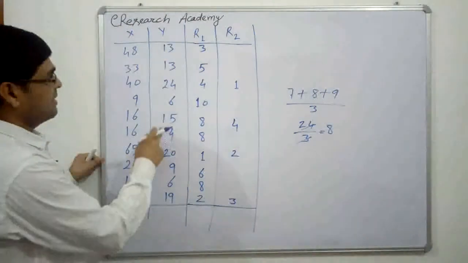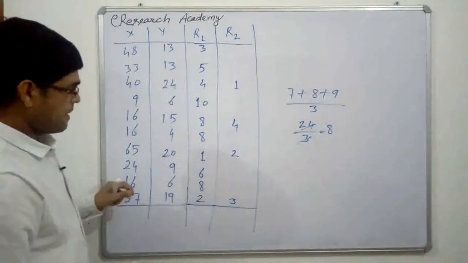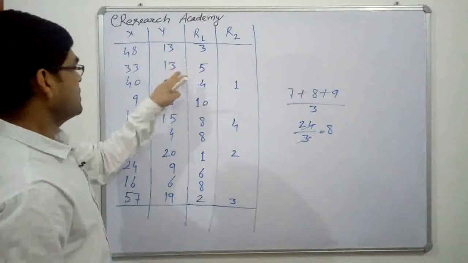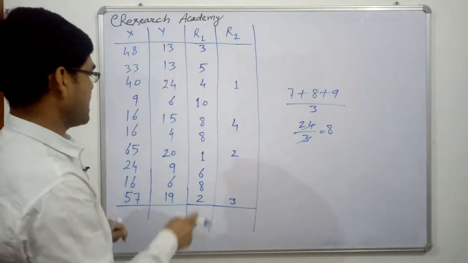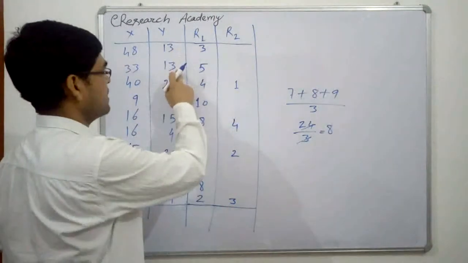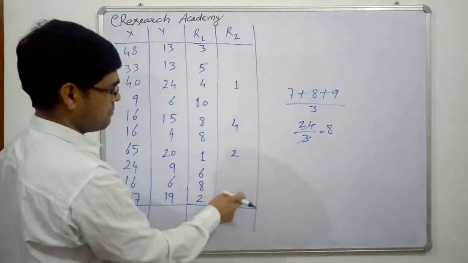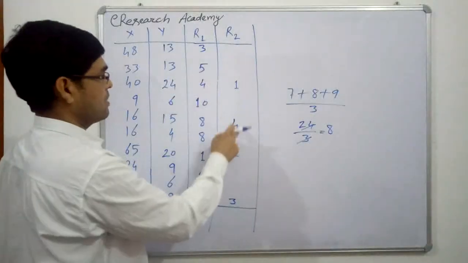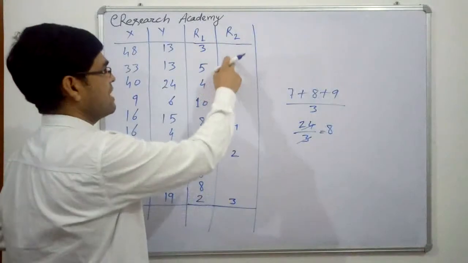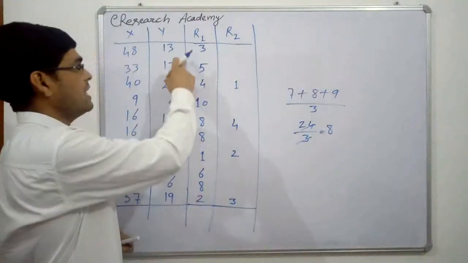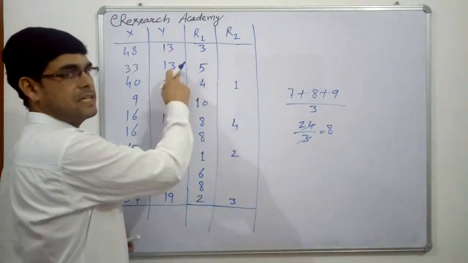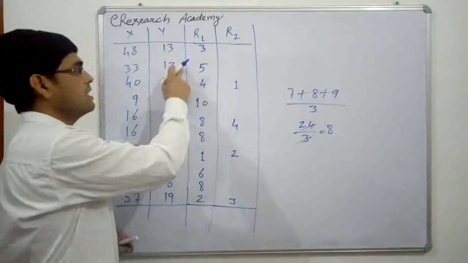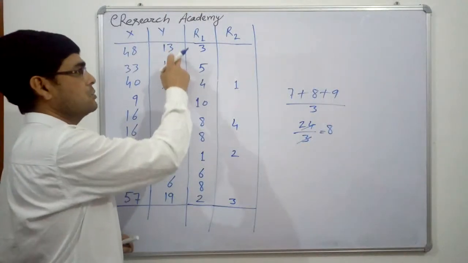Then we have 13, 13. This is repeated 2 times, and we are at rank 5 now, since 4 we have assigned. So we have ranks 5 and 6 to give them, but we cannot give 5 and 6 to these values.